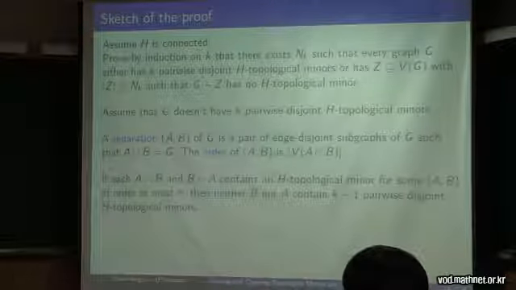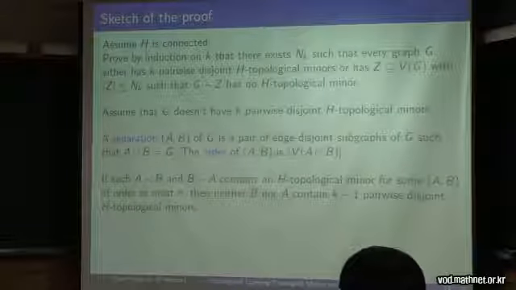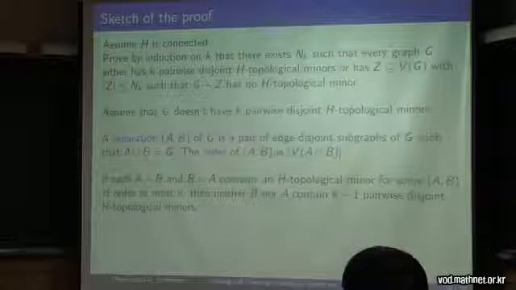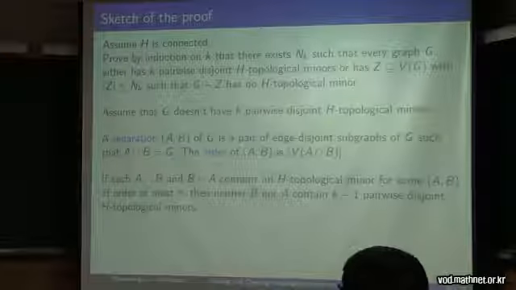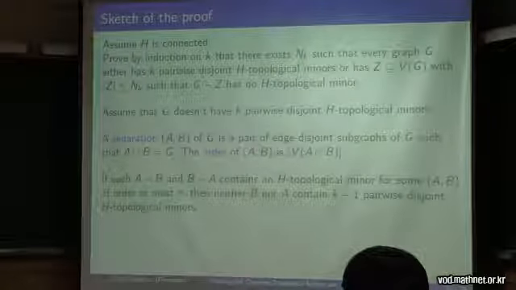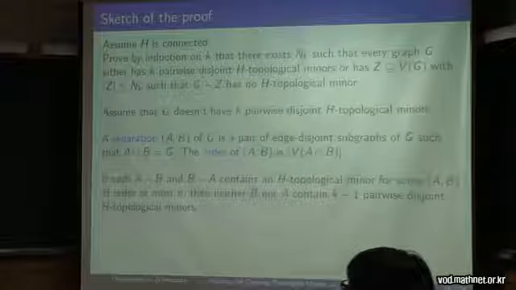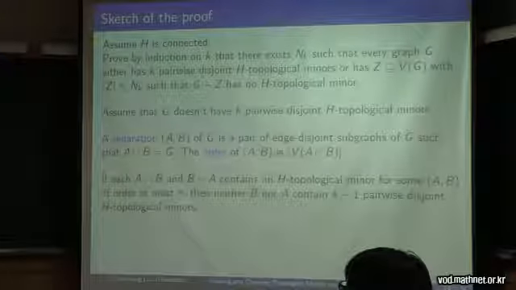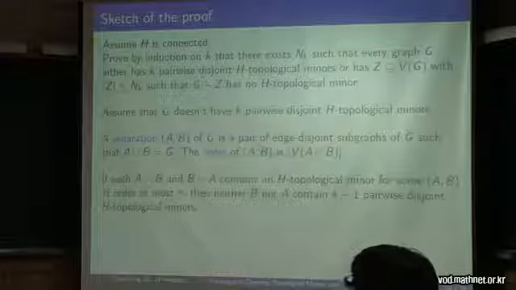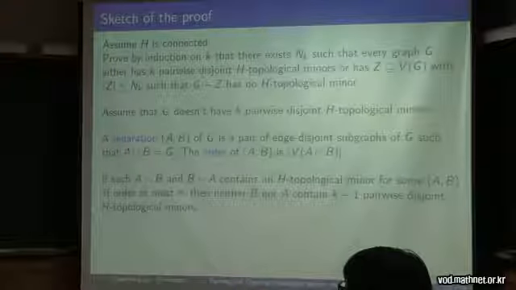So now suppose I'm very lucky in this case. If I know in A minus B, on this side, I have one H topological minor, and if I also know in B minus A, on this side, I also have one H topological minor, then what do I know? Because on this side I have one H topological minor, in B I cannot have K minus 1 disjoint H topological minors.